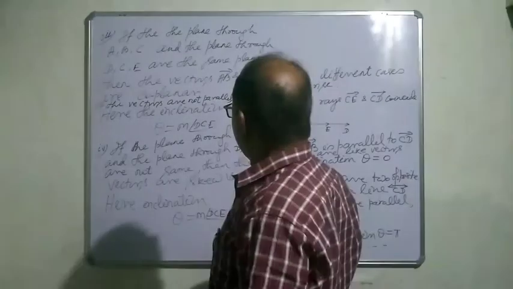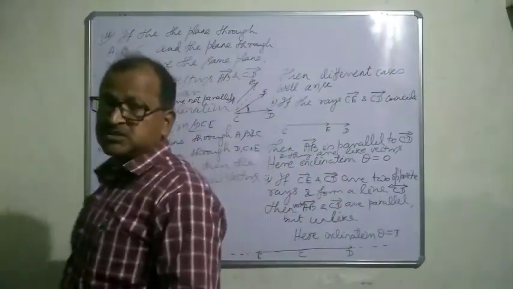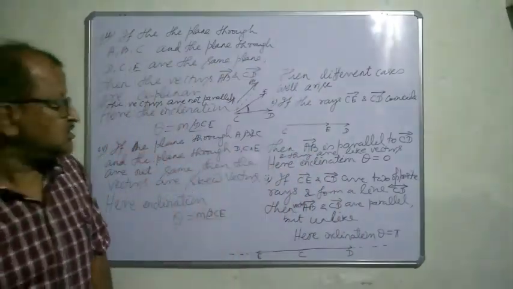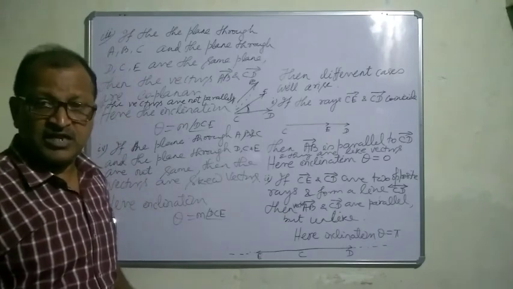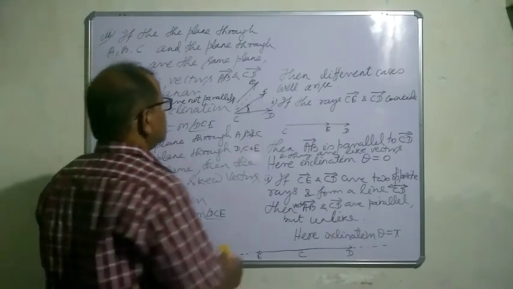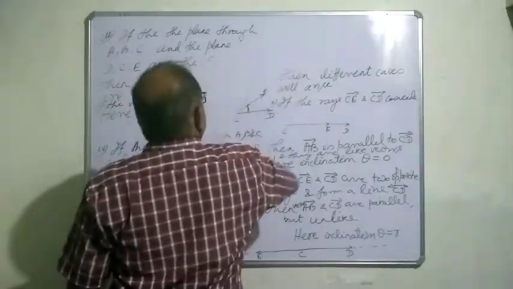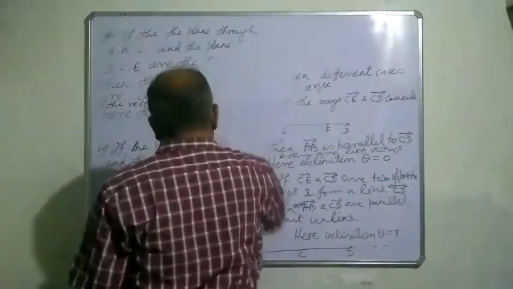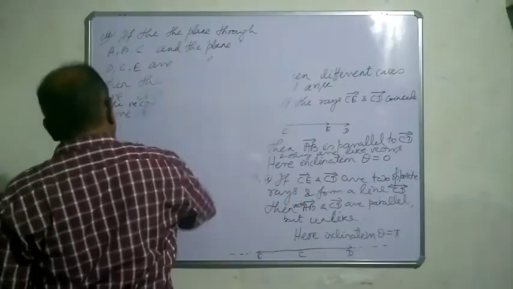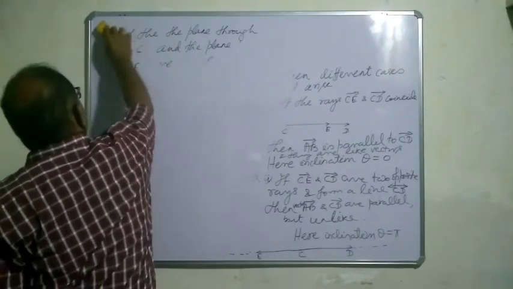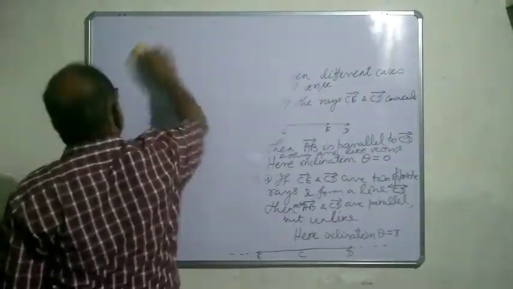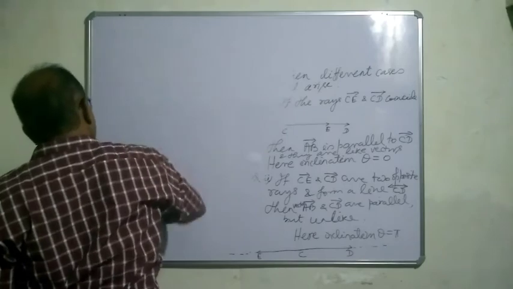Next, we will go to another concept which is known as direction cosines of a vector.